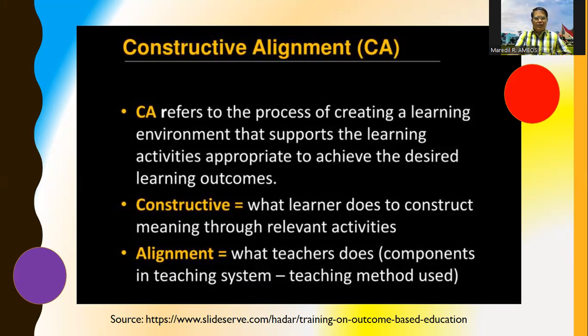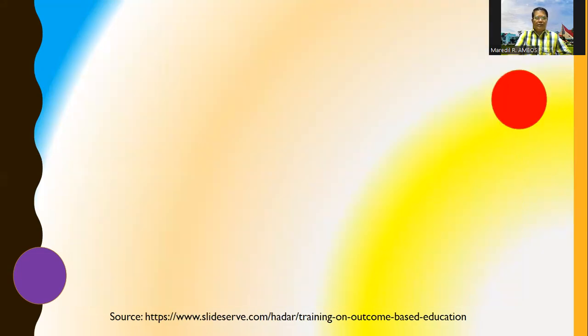When we say constructive, it means what the learner does to construct meaning through relevant activities. And alignment is what teachers do, like the components in the teaching system and the teaching method used. So there should be alignment in these.